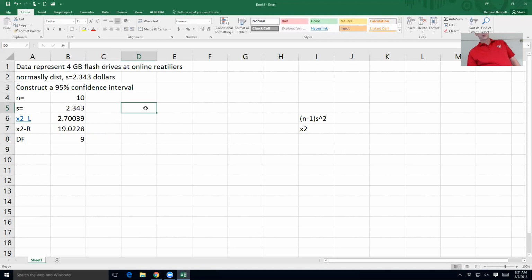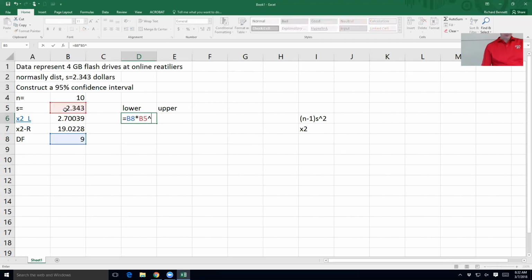All right, so I'm going to do my lower, do my upper. My lower is 9 times S squared divided by, no, it's going to be the 19. Remember, you want the big number on the bottom.